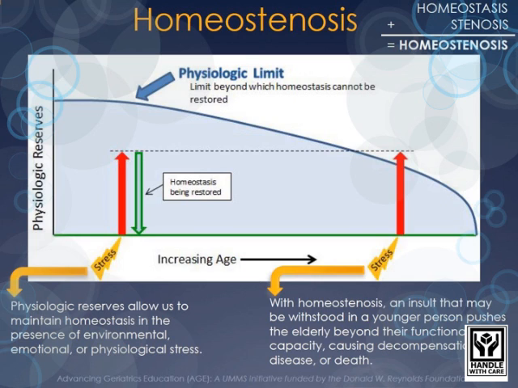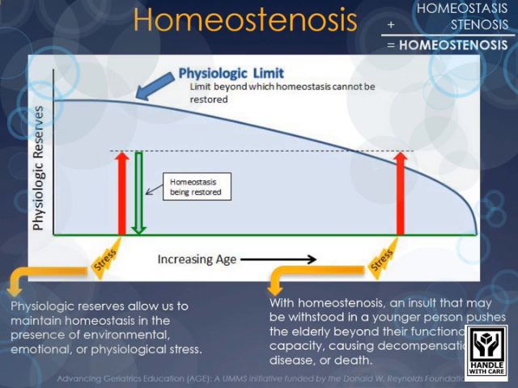Stenosis, meaning narrowing, is the ability to have that homeostatic reserve gets narrower and narrower with age and with increasing frailty. So here's the physiologic reserves along the y-axis, and on the x-axis is increasing age. So here, at a younger age, there's a stress here.